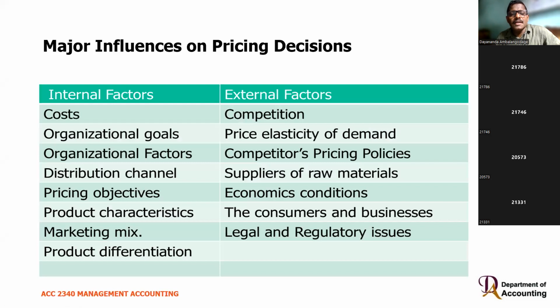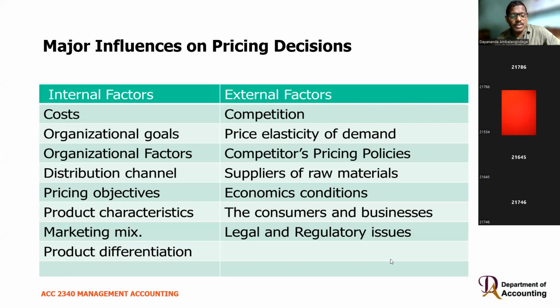First of all, we will discuss a little bit about factors affecting pricing. Pricing is a matter which decides your revenue. You know that total revenue is the quantity you are selling multiplied by the selling price. Revenue is the main source of finance of your business.